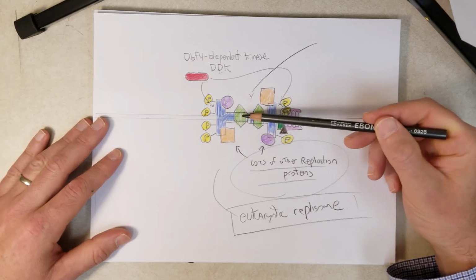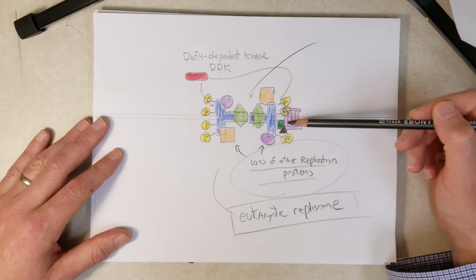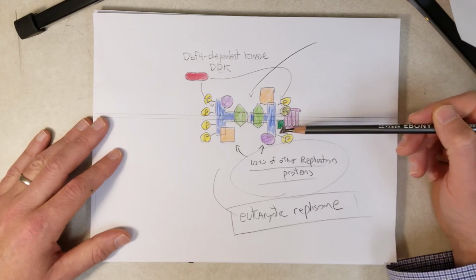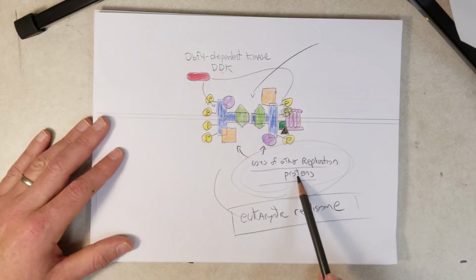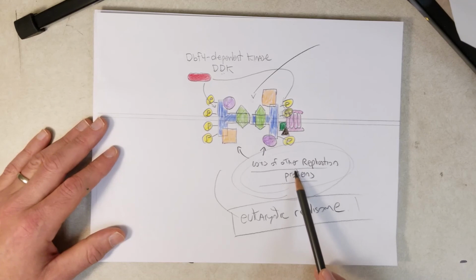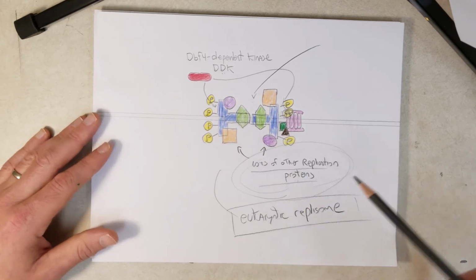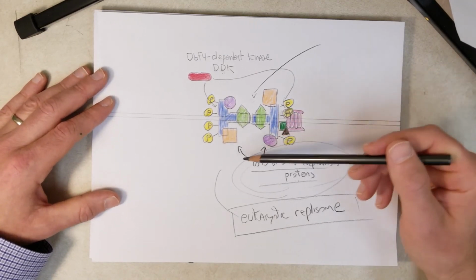There's 4 in the GINS complex. There's 1 here, 1 here, 1 here. 6 of these over here, 1 here, 1 here. And plus lots of other replication proteins that we didn't even talk about. DNA polymerase delta and epsilon are pretty big proteins with multiple components. So you're going to be doing a lot of immunoprecipitation to make this work.